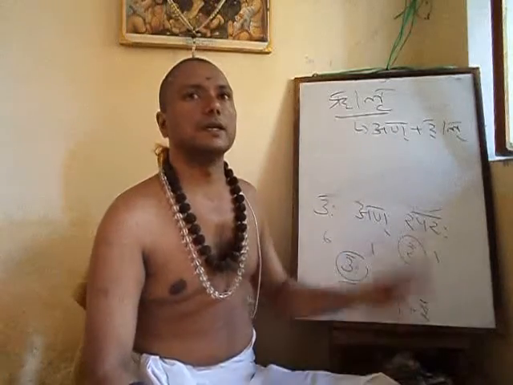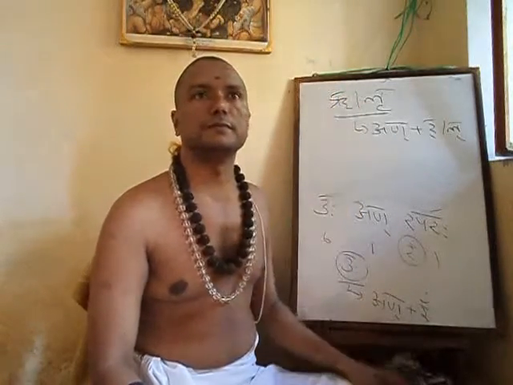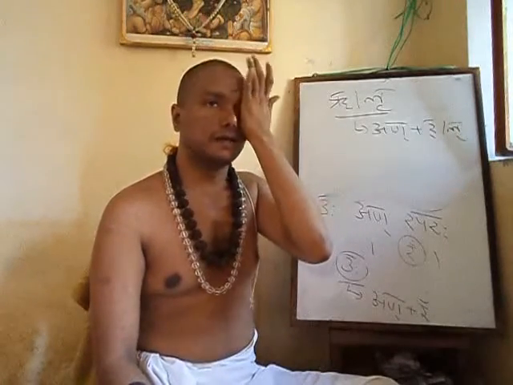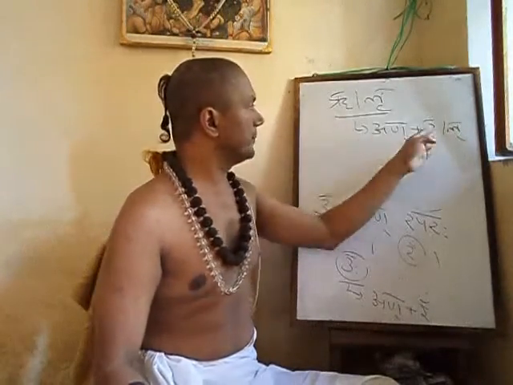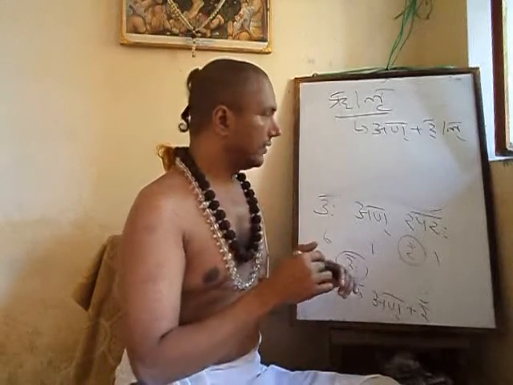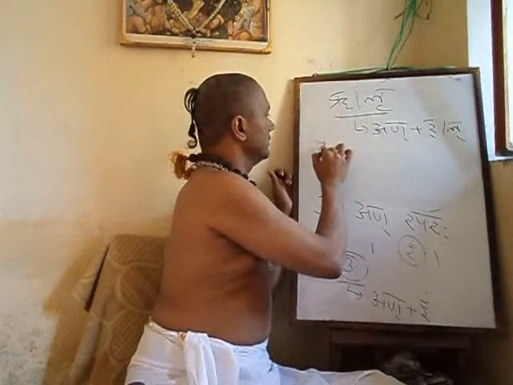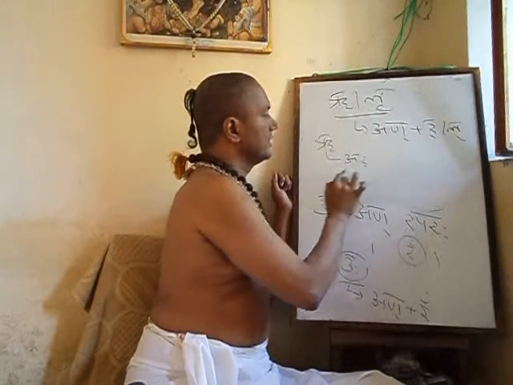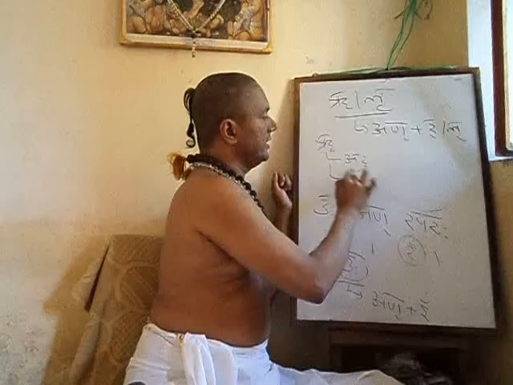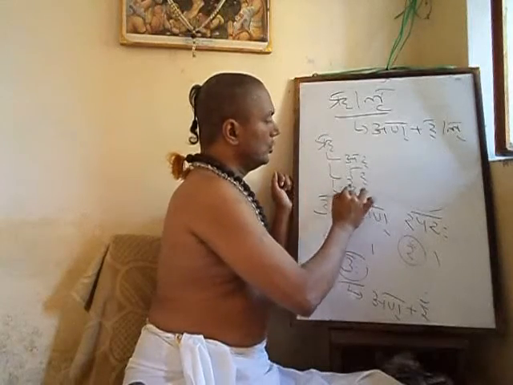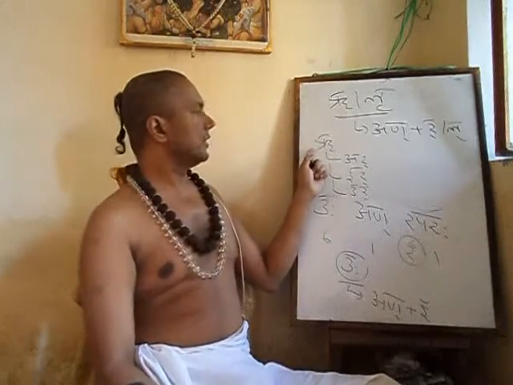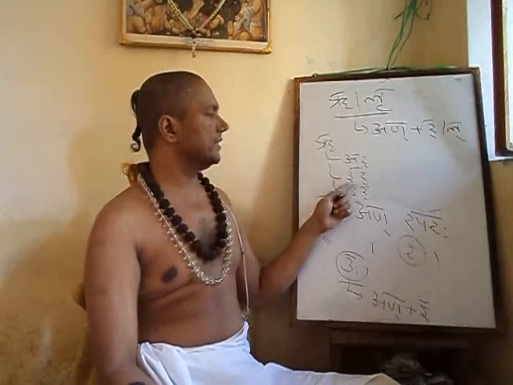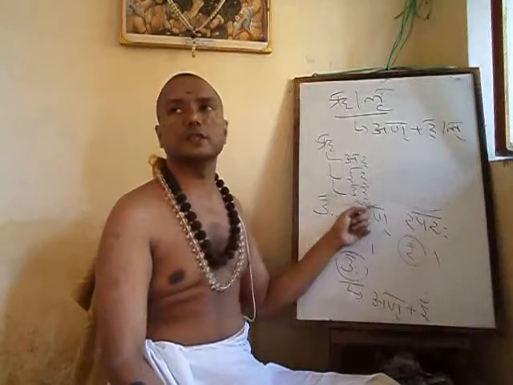An means A, I, U. So, if it is replaced with A, I, U, then for R, replacement of A is Ar, replacement of I is Ir, replacement of U is Ur.